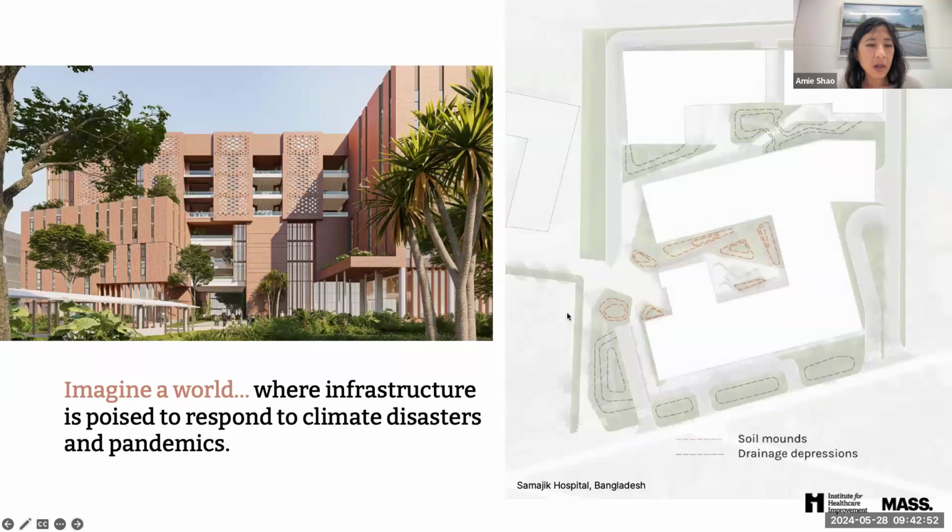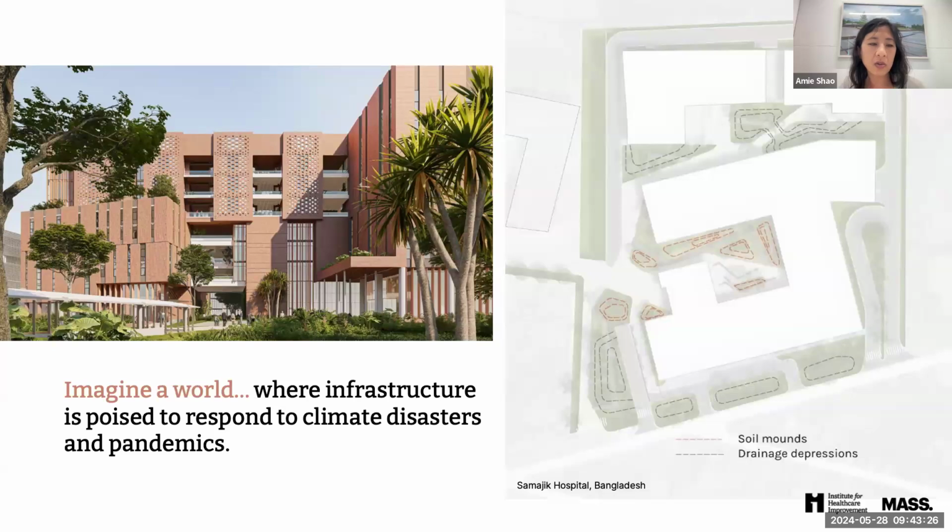And then beyond more thoughtfully selecting sites and building structures that don't fall down, imagine a world where infrastructure is poised to respond to climate disasters and pandemics. And this example of a hospital designed in Bangladesh was designed very intentionally to accommodate flooding. So there are zones that are meant to be porous and allow floodwaters to settle while still allowing the kind of passageways and walkways to stay higher.